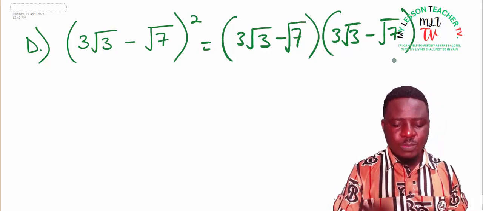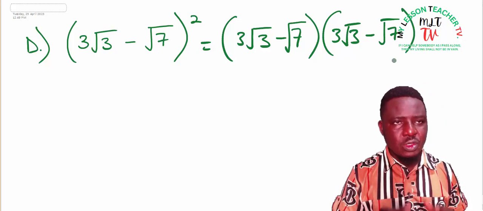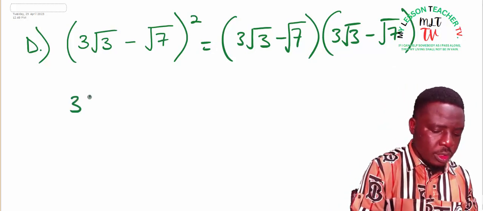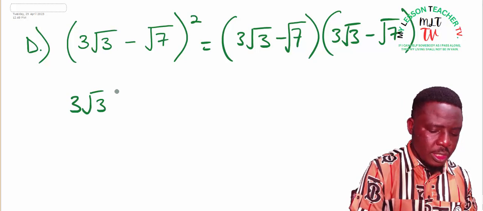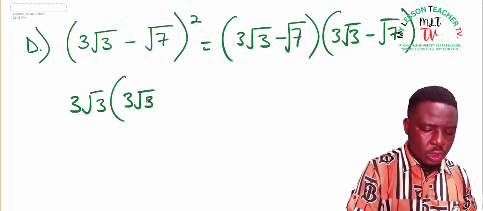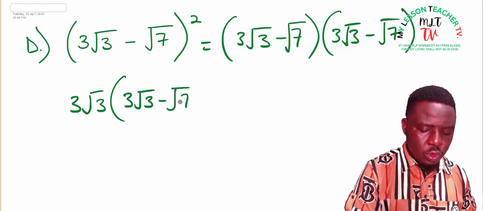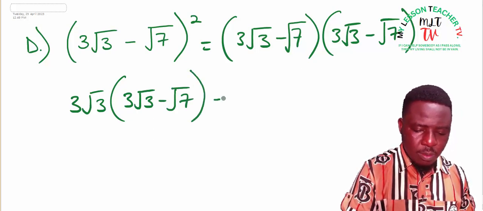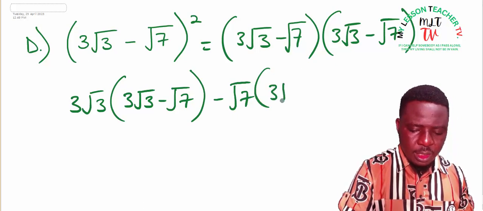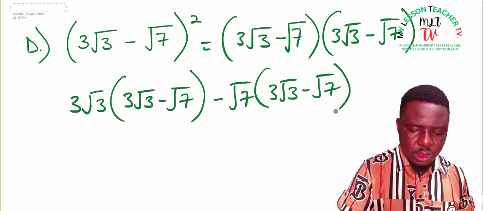We are going to split one of the brackets into two, use them one at a time, and multiply the second bracket. So this is going to be 3 root 3 to multiply 3 root 3 minus root 7, minus root 7 multiplying 3 root 3 minus root 7.